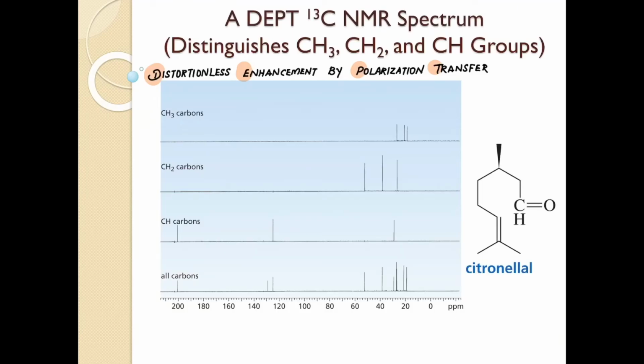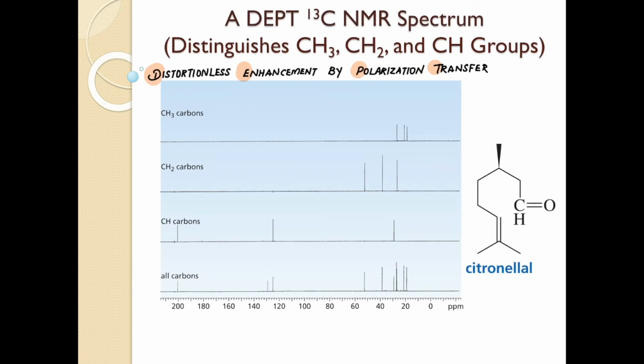There are also some advanced carbon-13 NMR techniques, which will help us to determine the different types of carbons. Say, for example, it distinguishes between methyl, methylene, and methine carbons. One such technique is called the DEPT carbon-13 NMR spectrum, the distortionless enhancement by polarization transfer. You will be able to get 4 different spectra.